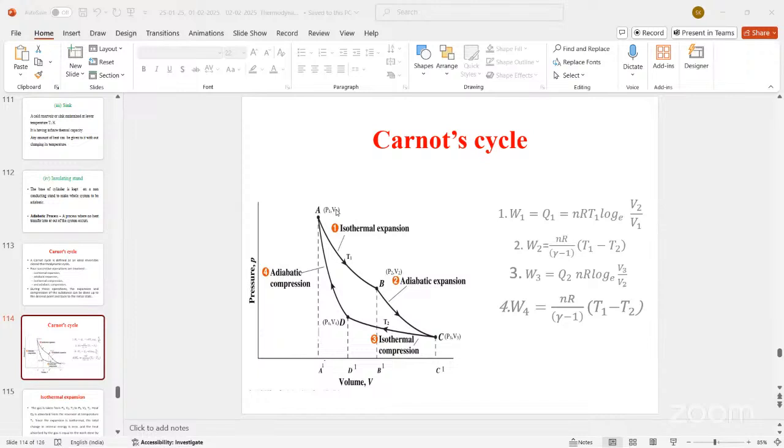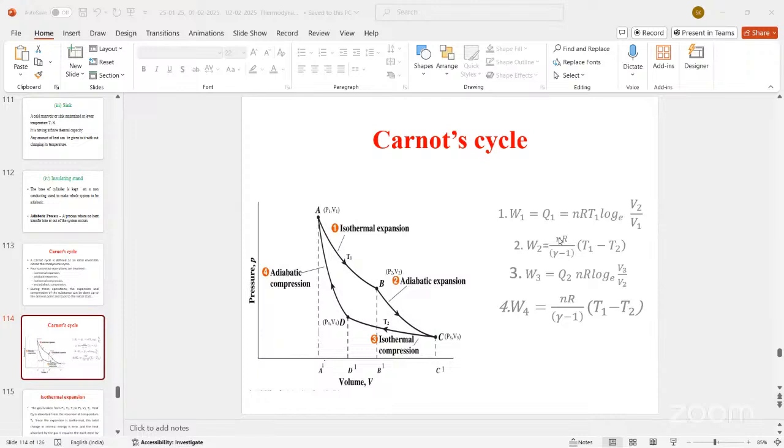How? P1 V1: V means what? Volume, right? Pressure, volume and temperature. P1 V1 T1 to P2 V2, not T2, T1. What is this T1? T1 is a constant temperature, whatever we are using.